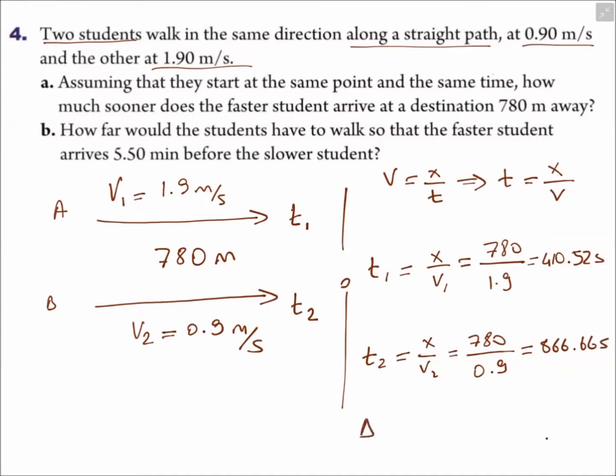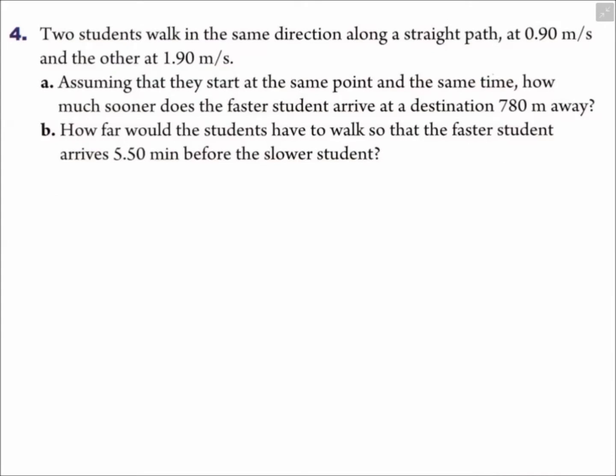And if we take the difference, we are going to find the sooner time. So delta t will be t2 minus t1, and t2 is 866.66 minus t1, 410.52. So it will be equal to 456.13 seconds.